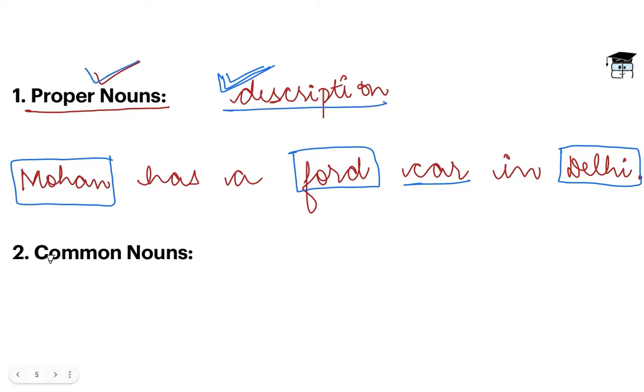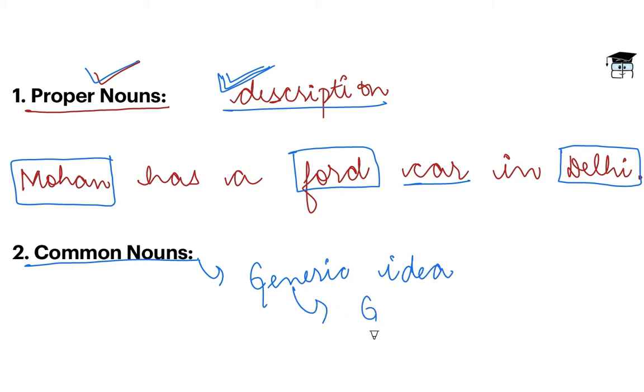Now the opposite of these proper nouns are common nouns. These kind of nouns provide a generic idea. Generic idea means a very general, a very brief of the people, places and ideas and objects. Right, there is no description provided.